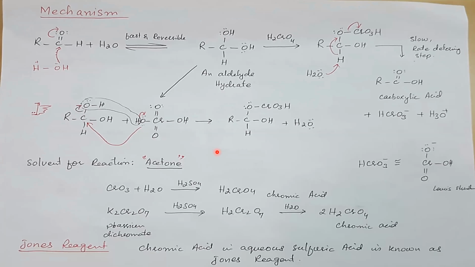For the mechanism, I am writing the general reaction. Firstly, you need to understand the general reaction mechanism, and then you can practice with different aldehydes, and you will definitely generate their respective carboxylic acid as the product, depending on the starting aldehyde you are using.